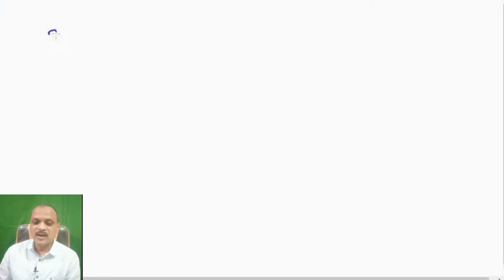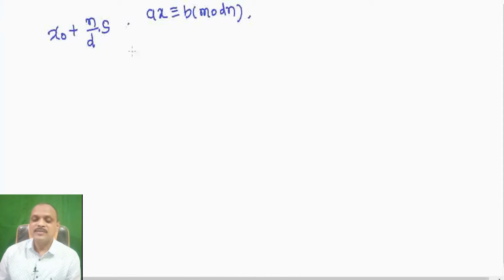Suppose we have another solution, x0 plus (n divided by d) times s. This is a solution of ax congruent to b modulo n. Then by the division algorithm we can write s equal to qd plus r, where 0 ≤ r < d.